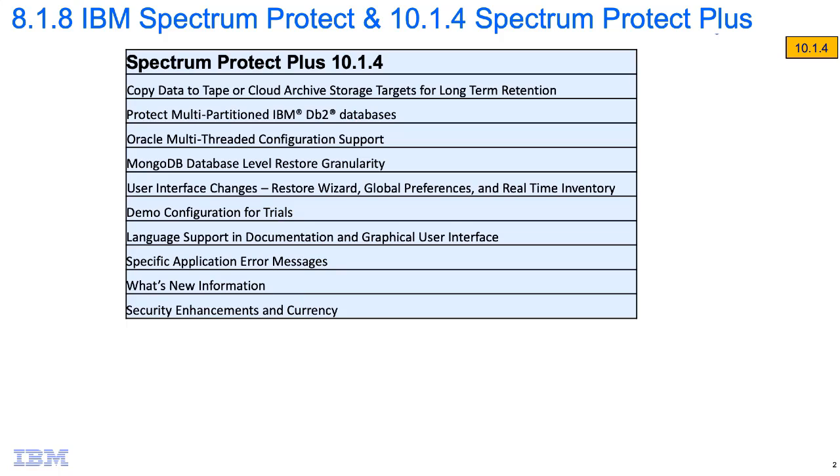Some additions and new features in database/application support. Quite a few new interface changes, including language support, improved usability, demo configurations, error messages, and some security enhancements and currency that we are going to cover in this video. So let's go ahead and get started.